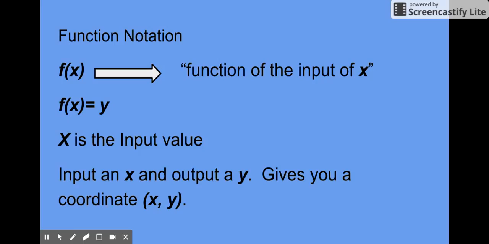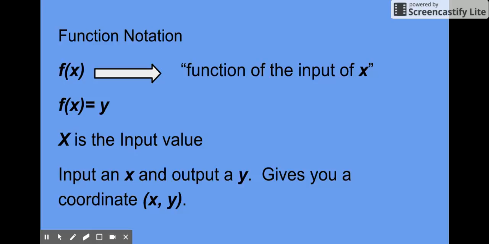All right, so when we start talking about function notation, if you talk to any mathematician, which you are all mathematicians now, function notation is universal. What you're going to see, if you've ever seen that f with parentheses x inside of it, that's function notation.